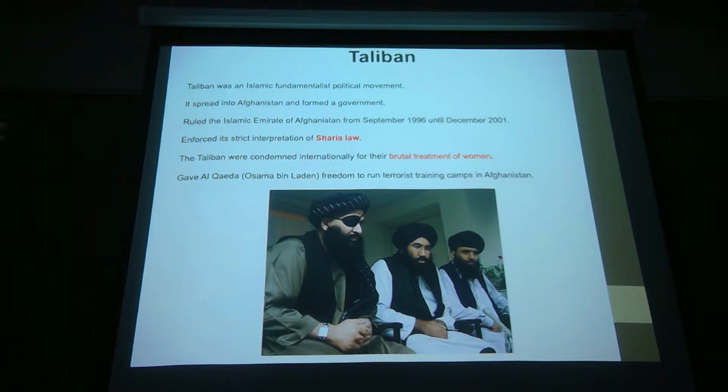They rule Afghanistan until 2001, so 96 to 2001, and they use a strict Sharia law, which is incredibly brutal to women, and they give Al-Qaeda a place to grow. And then when they attack the United States, that's when we get involved in overthrowing the Taliban, because you say, you can't have a state that's going to sponsor terror like this. Okay?